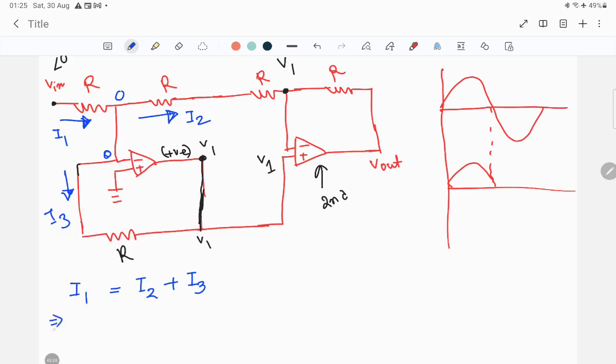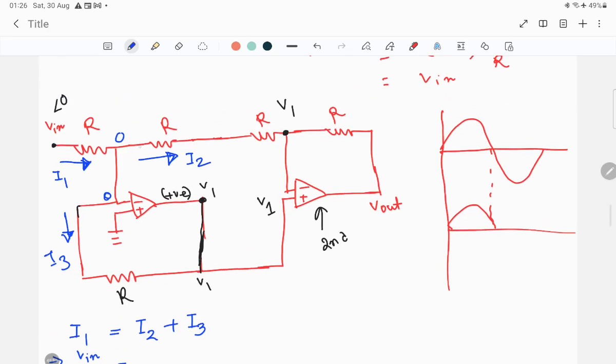So what's the value of I1 right now? I1 value will be V in by R. It will be equal to, what is the I2 value? I2 value is nothing but that which is flowing through this branch.